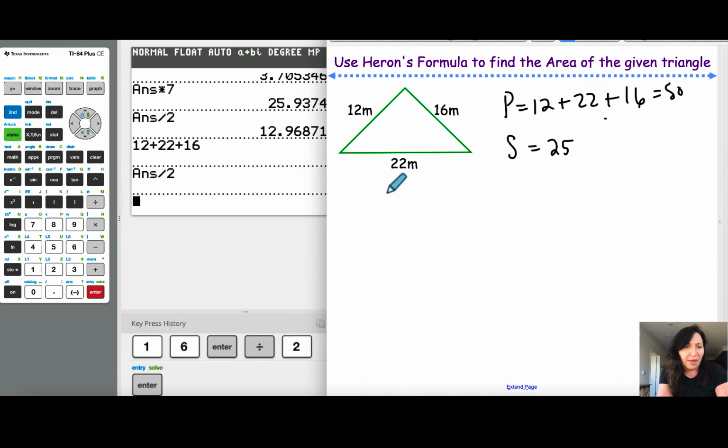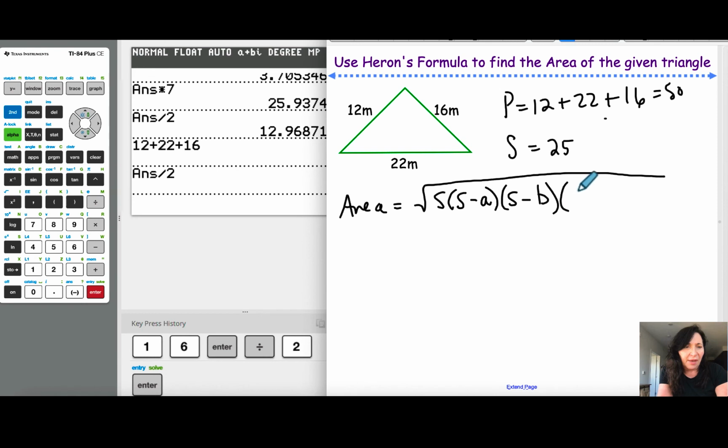Okay, so to use this formula, we have to say the area using Heron's formula is equal to, I'm just going to write it out first, the semi-perimeter times the semi-perimeter minus the first side times the semi-perimeter minus the second side times the semi-perimeter minus the third side. And so that's going to be semi-perimeter being 25.